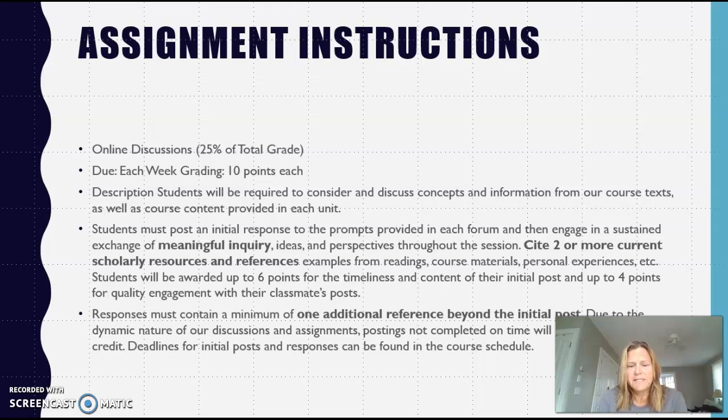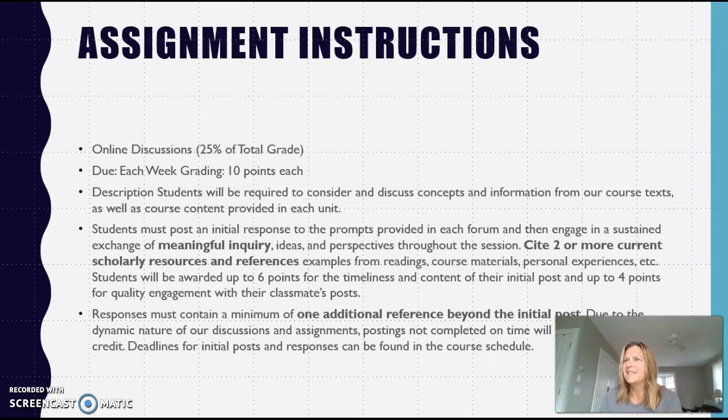The initial post is worth 6 points, and then the responses are each worth 2 points. So for a total of 6 for your initial, 4 for your responses. Your responses should contain some information that really looks at the prompt, looks at what your classmate has said about that, and then contributes a little bit more to everybody's learning.